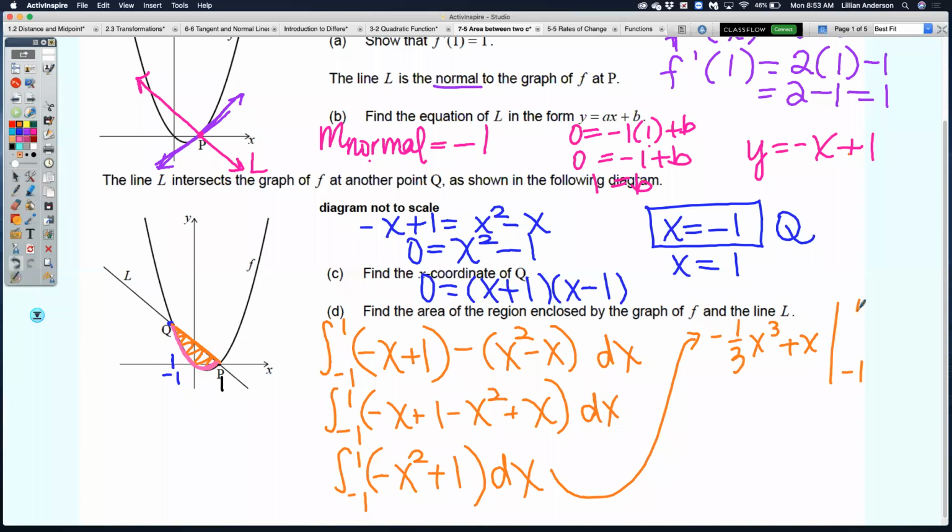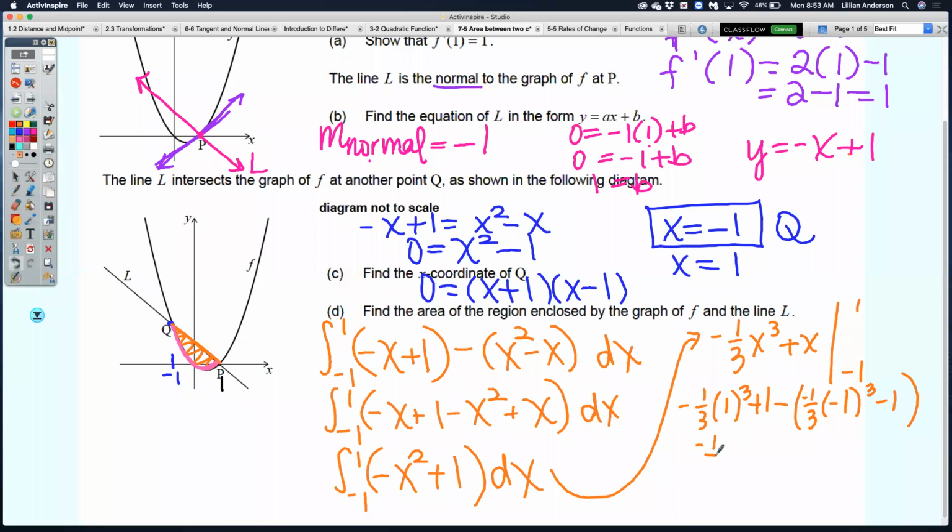Remember, with the fundamental theorem, which bound do I plug in first? The top one. So that's negative 1/3 times 1 to the third plus 1. Then I subtract it from what I get when I plug in the bottom bound. Again, watch your symbols left and right.